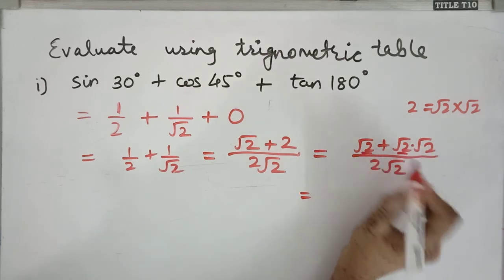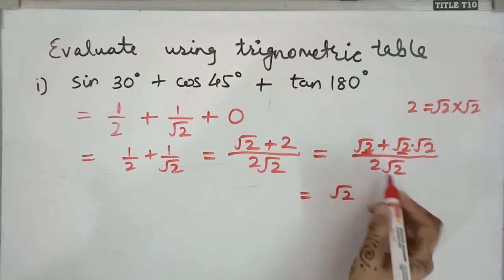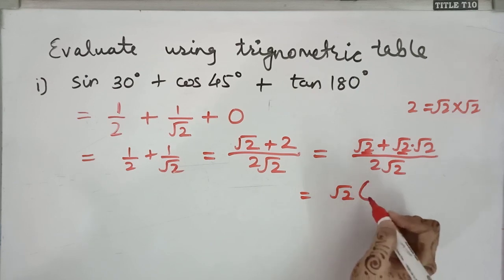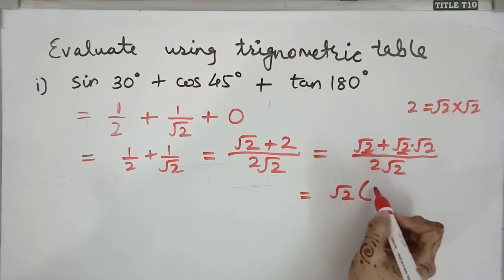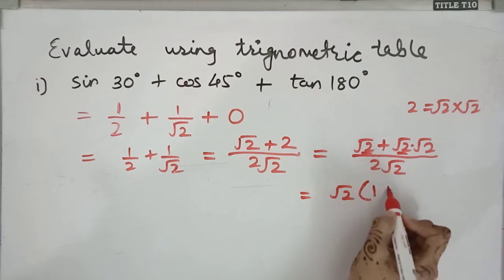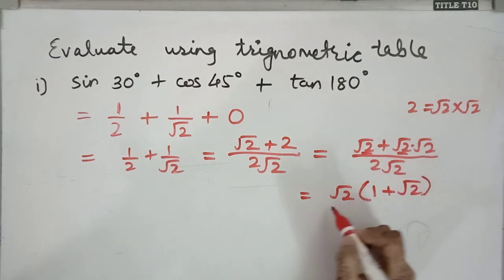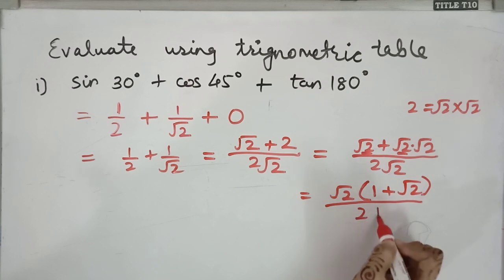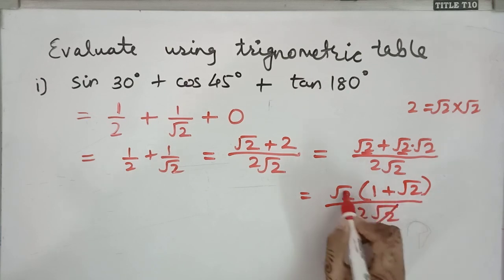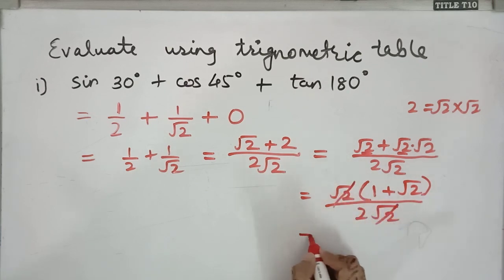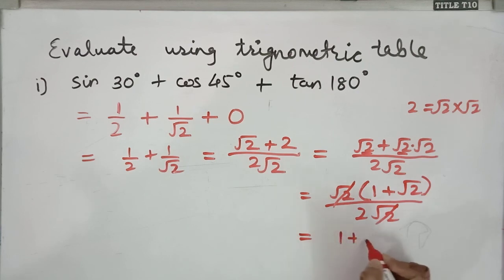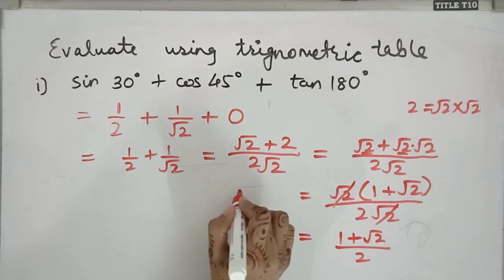Now root 2 is common between both, so we will take out the root 2 and the remaining will be 1 plus root 2 upon 2 root 2. Now root 2 and root 2 get cancelled, so our answer will be 1 plus root 2 upon 2. If you don't know the simplification, just keep it till here.